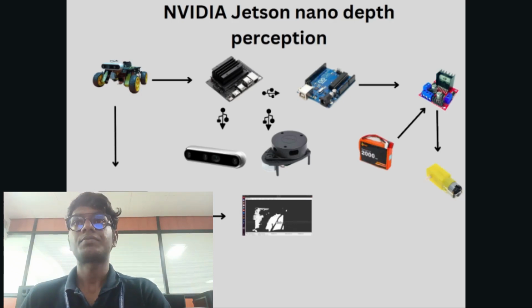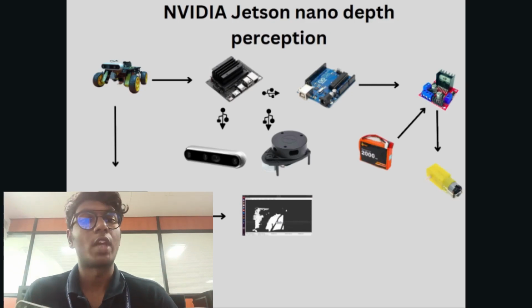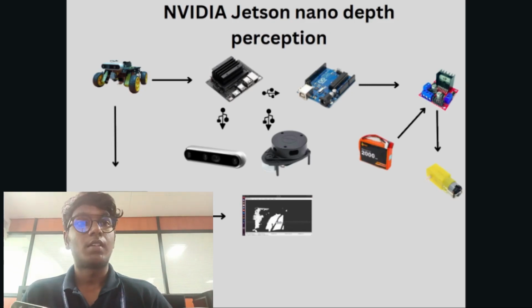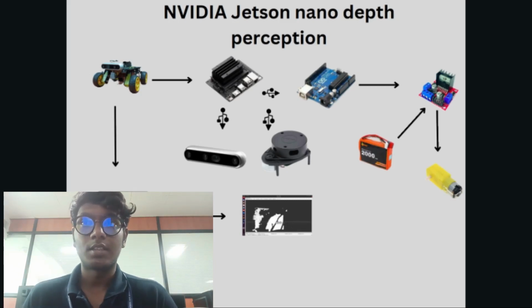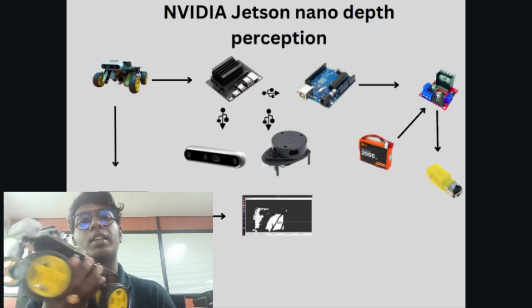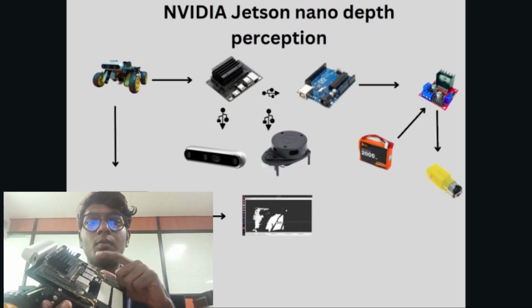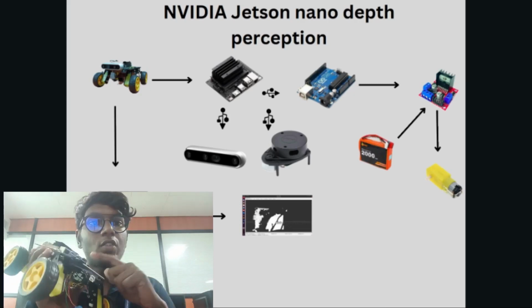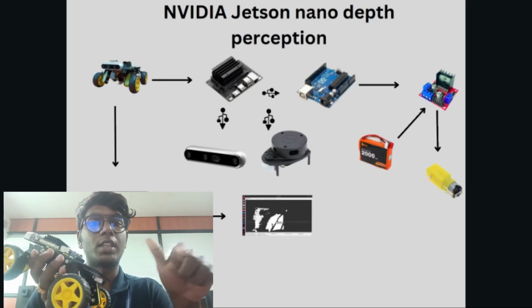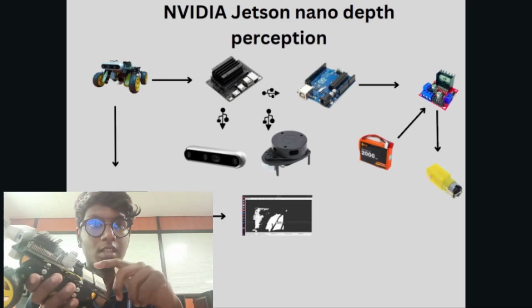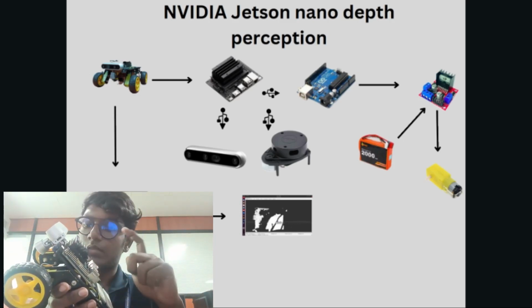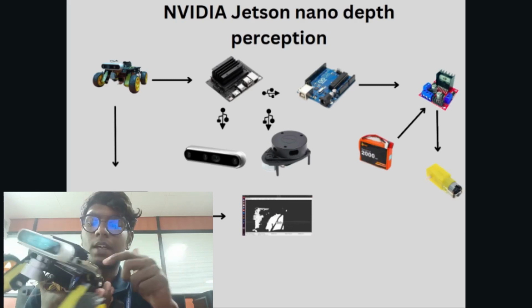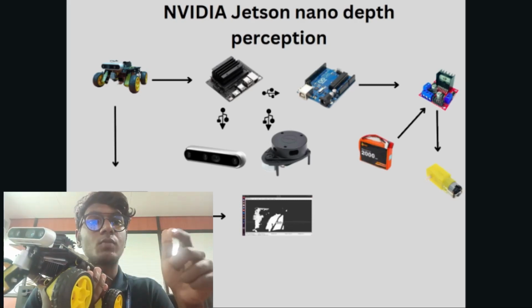Next is the block diagram or flow diagram of our video series. This is the robot, which we have already built with the Jetson Nano. The Jetson Nano is connected with the Arduino through rosserial for sending the PWM signal, and those signals will be sent to the motor driver.